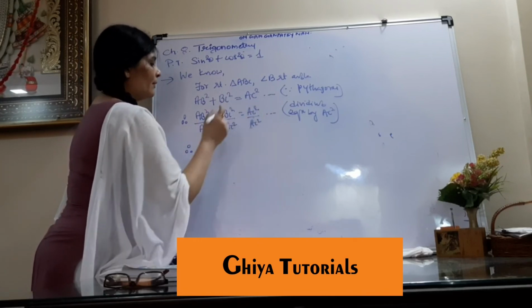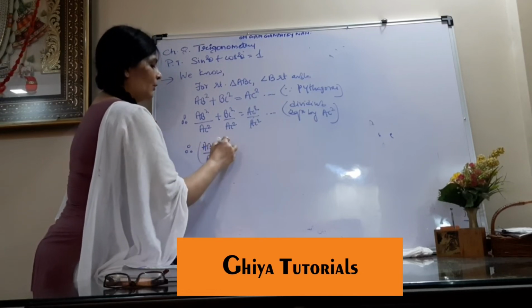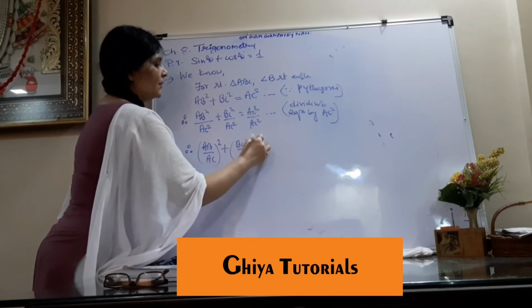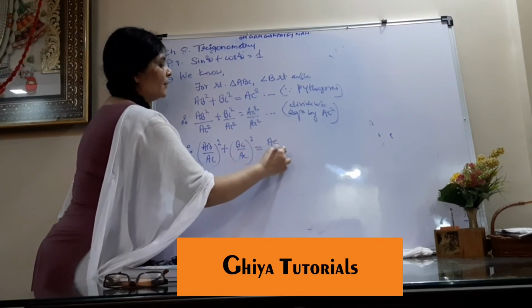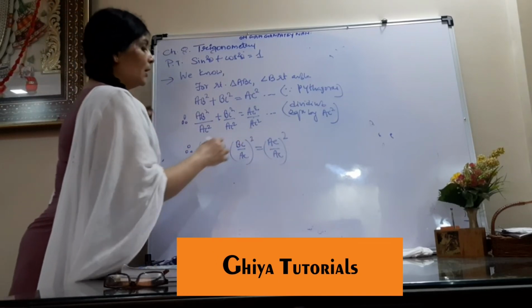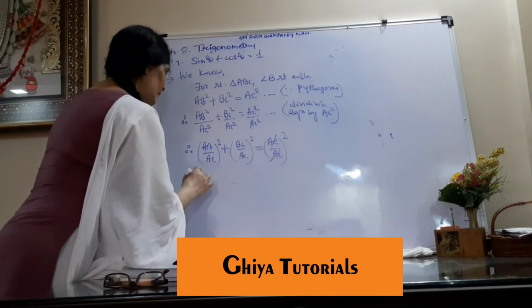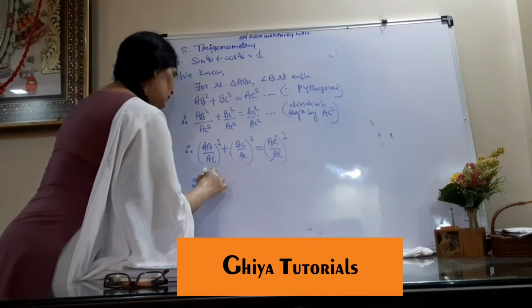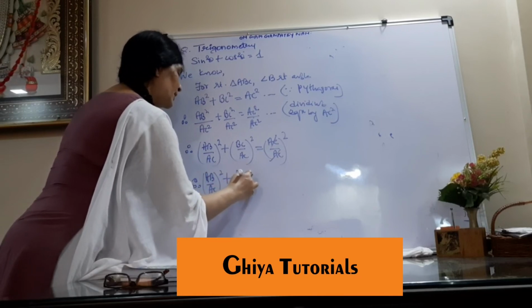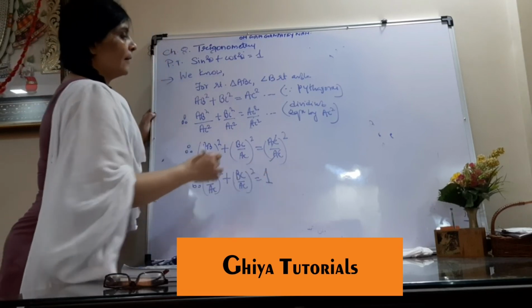Still one more step I am doing. It gives me AB upon AC whole square plus BC upon AC whole square equals AC upon AC whole square. So here AC upon AC cancel. Therefore, AB upon AC whole square plus BC upon AC whole square equals 1.